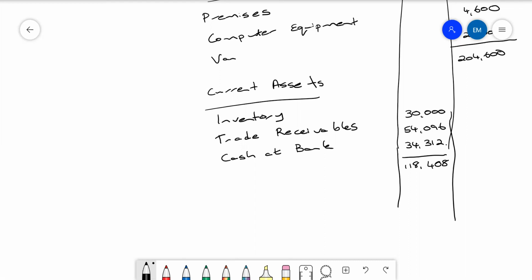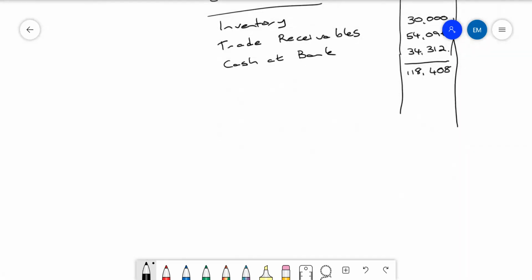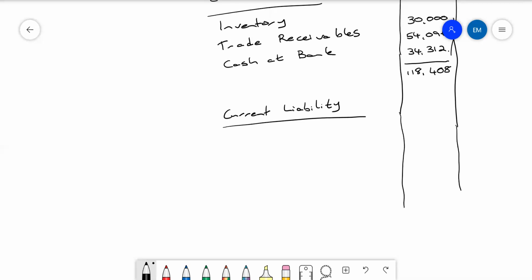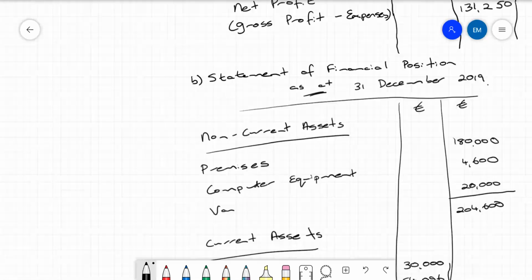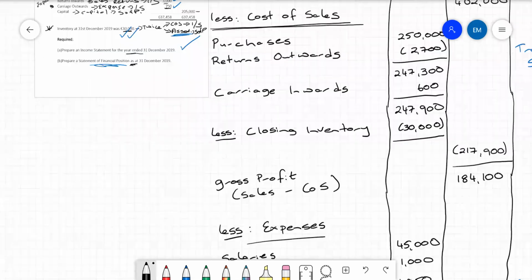So now the next part of the statement of financial position, we will look at our liabilities. And the next heading will be current liabilities. And a current liability is any amount that we owe to someone and we expect that we'll have to pay them within a period of 12 months. So not forgetting that a liability will have a credit balance.